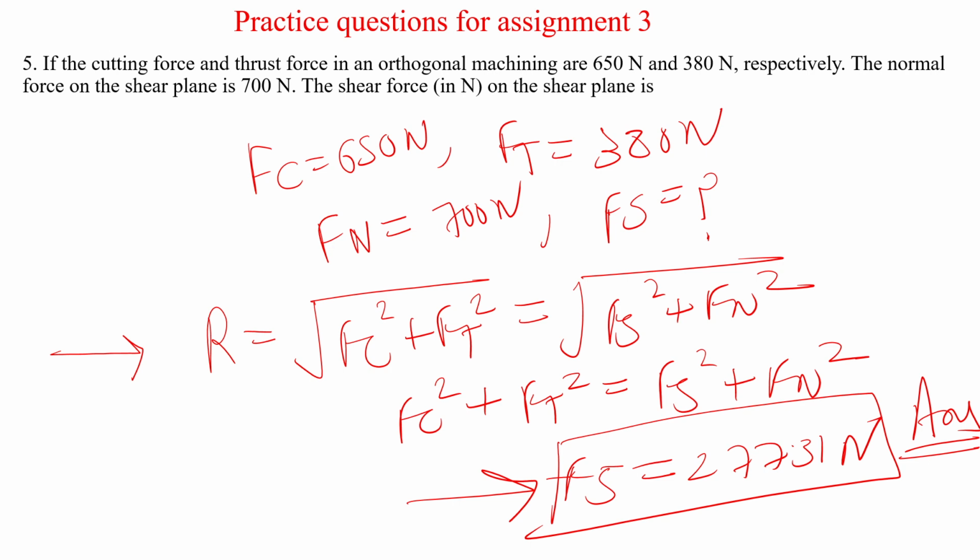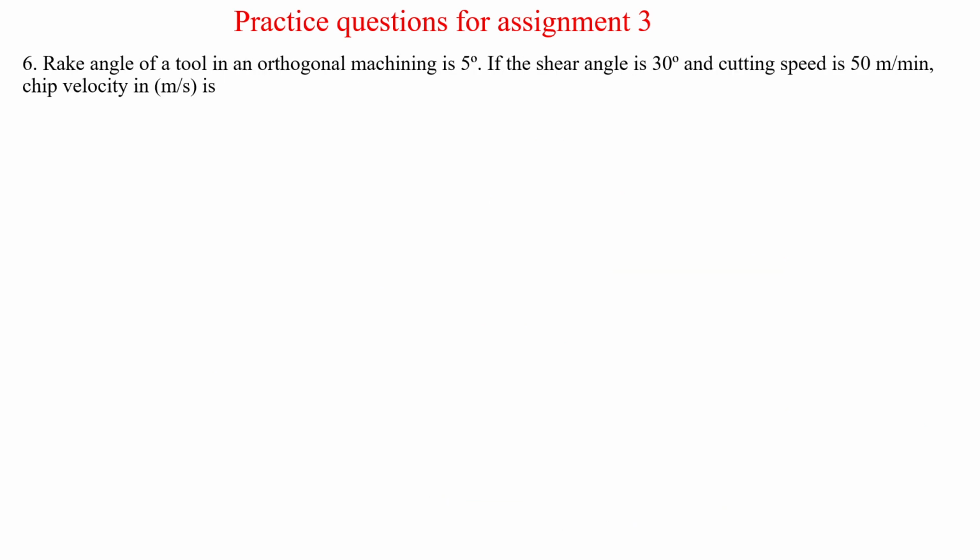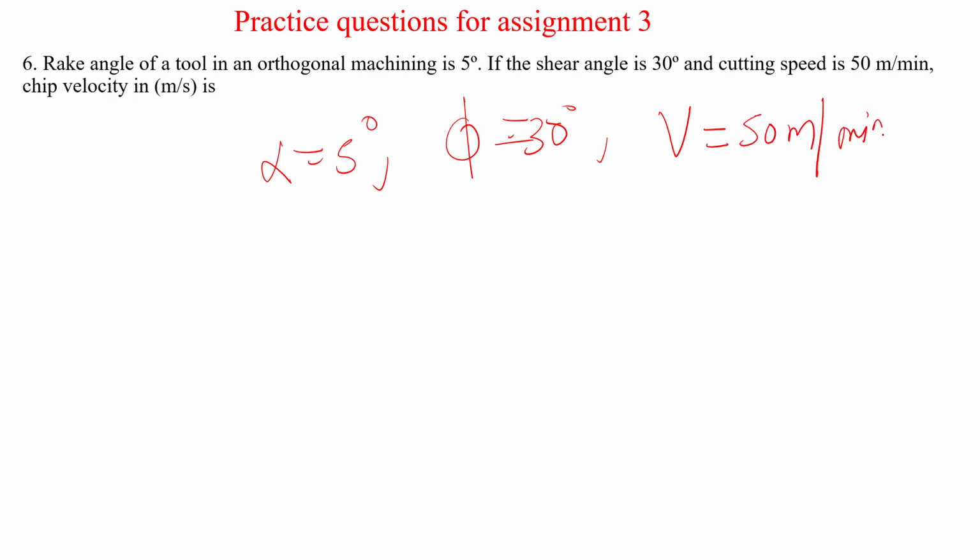Yes, sir. Okay, then I'm moving to the next question. The rake angle of the tool alpha is 5 degree. The shear angle phi is 30 degree. Cutting speed V is 50 meter per minute. What is the chip velocity Vc? Can you find this? We have a relation between Vc and V. I told you these are the two very important ratios. Use that ratio to find the Vc.